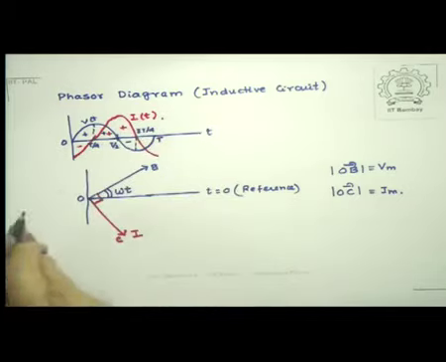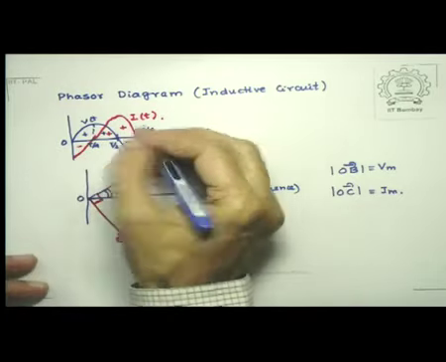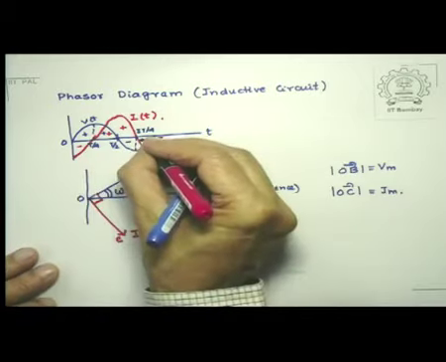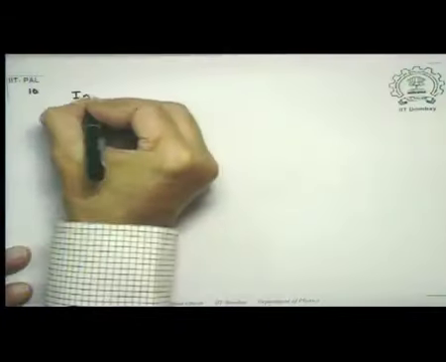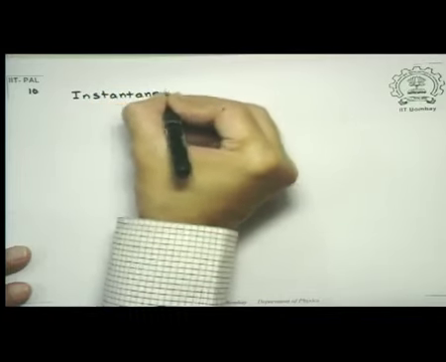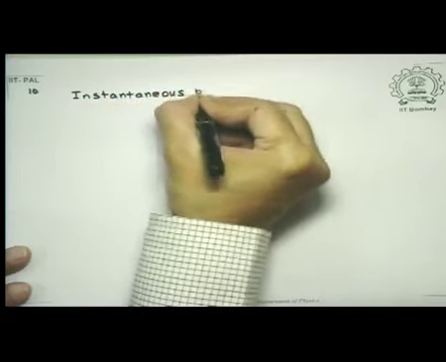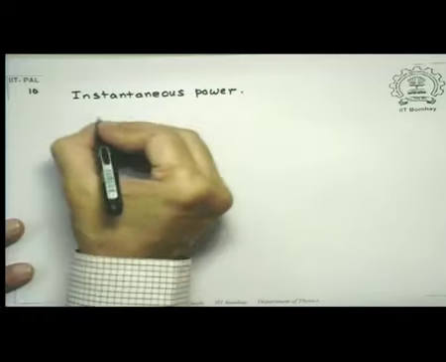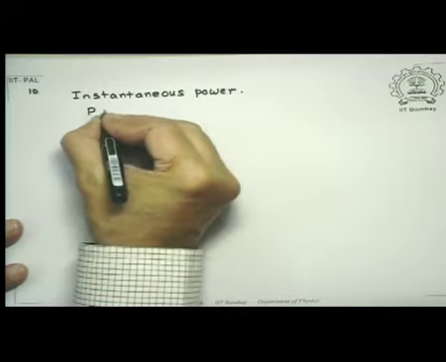And finally, to conclude it, both negative: voltage as well as current are both negative. What about the power in an inductive circuit? So let's look at instantaneous power. Power is given by I times V.